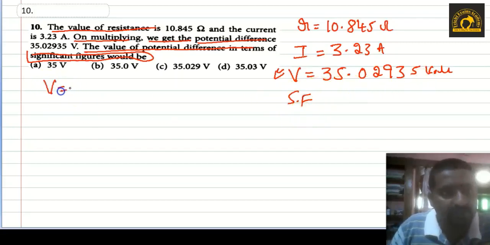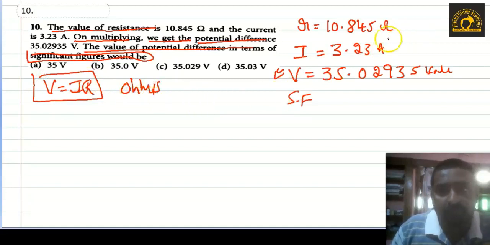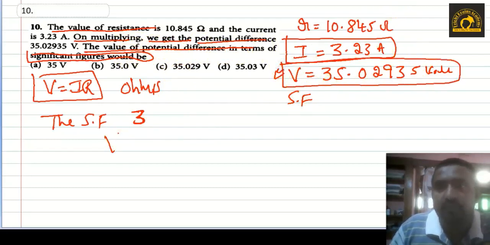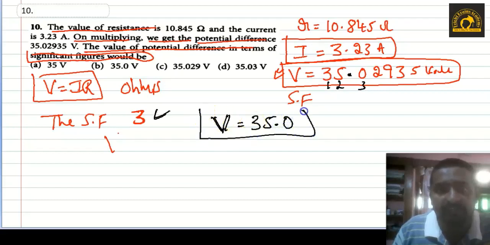So let's see, V is equal to I into R, according to Ohm's law. So now, the accurate significant figure is 3 because the current is 3.23, which has 3 significant figures. So the potential difference with correct significant figures is 35.0, 3 significant figures.